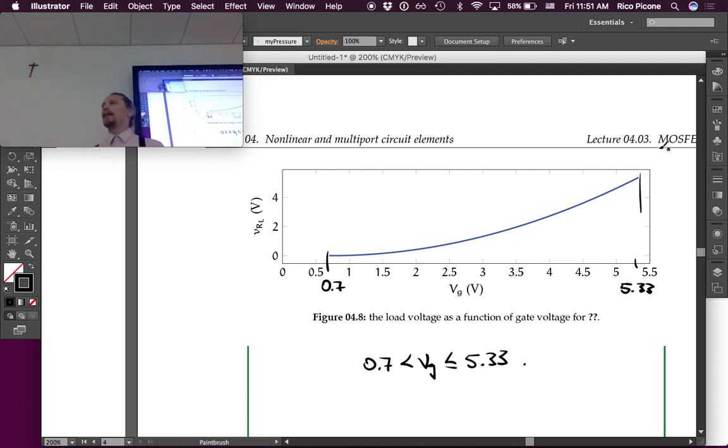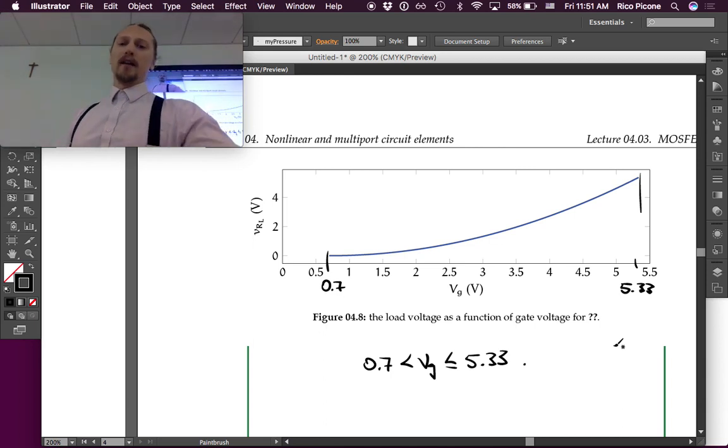You might think, why didn't I just apply VG to RL? If you're going to put in from a small voltage to 5 volts and you're going to get out from a small voltage to 5 volts, why not just put it across the load? Why would that not work?